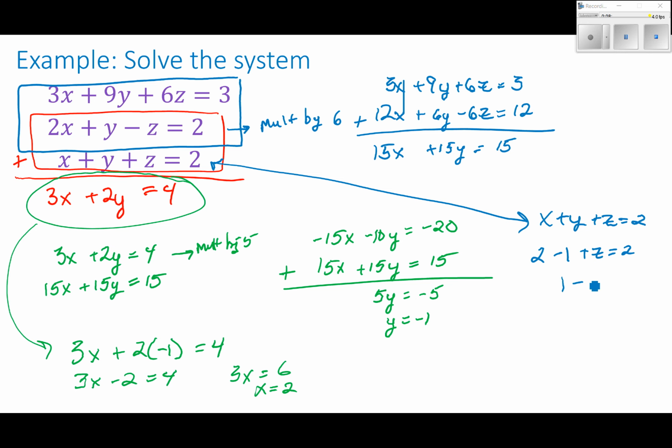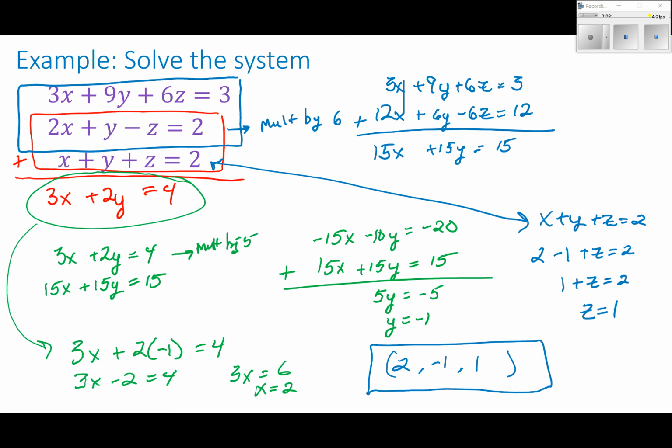So this is going to be 1 plus z equals 2. So therefore, z had to be 1. So I have my x, my y, and my z. Writing this out in three variable coordinate form, it'll be x, y, z. So 2, negative 1, 1 will be our solution for all three of those equations to make them equal to each other.